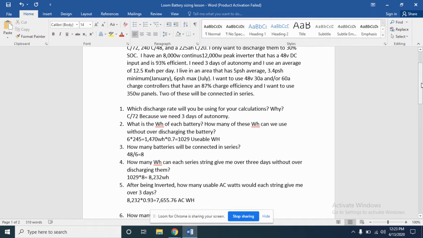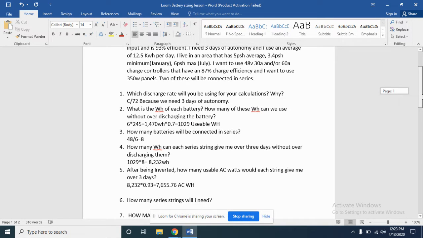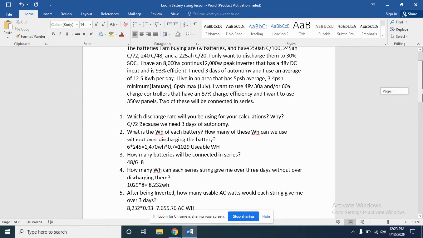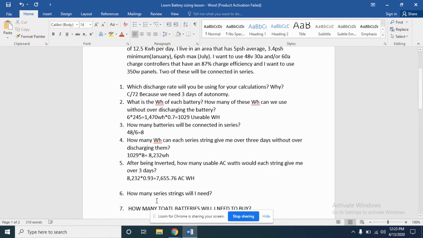And so this next question that it's going to ask us is how many series strings I need. So I have to figure out how much power I'm going to need before I can figure out how many batteries I'll need to match that load. To start with, let's look at the average daily load, which is 12.5 kilowatt hours per day.